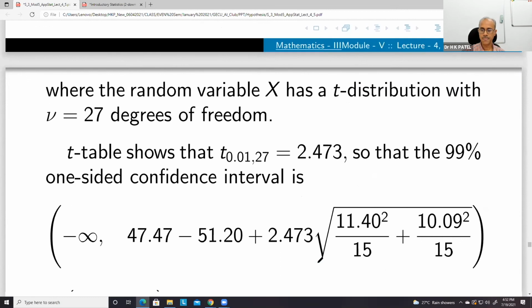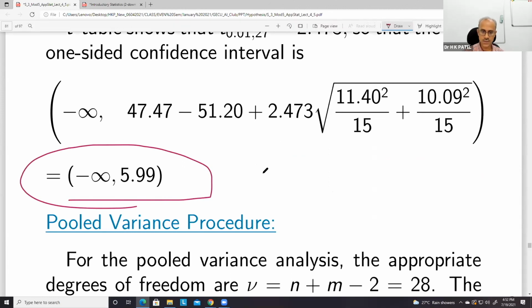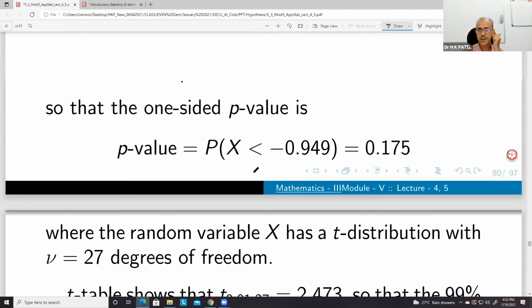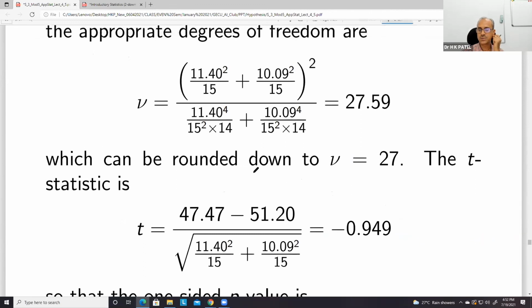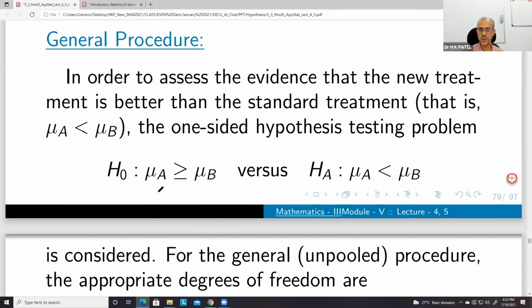And if you calculate the confidence interval, it is minus infinity to 5.99. So what is the value of mu A minus mu B?